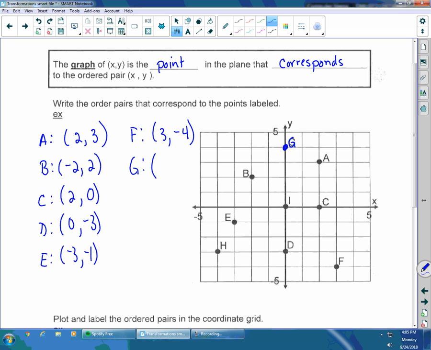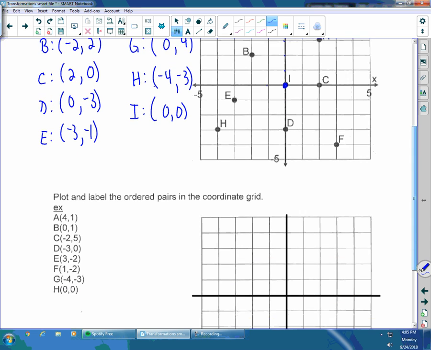Not going right or left at all. I'm going up. Pause the video, see if you can do H on your own. And then finally I. I is at 0, 0. The origin is always 0, 0.